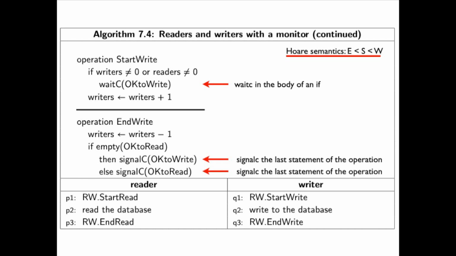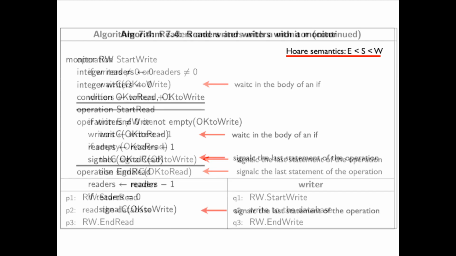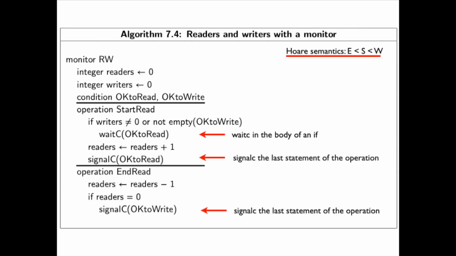So now let's assume that there are a bunch of readers blocked. So empty, OK to read is going to be false, and the else will execute, and the writer will execute signal C, OK to read. But now look, when signal C, OK to read executes, let's see what happens to the readers. Let's look at this code.